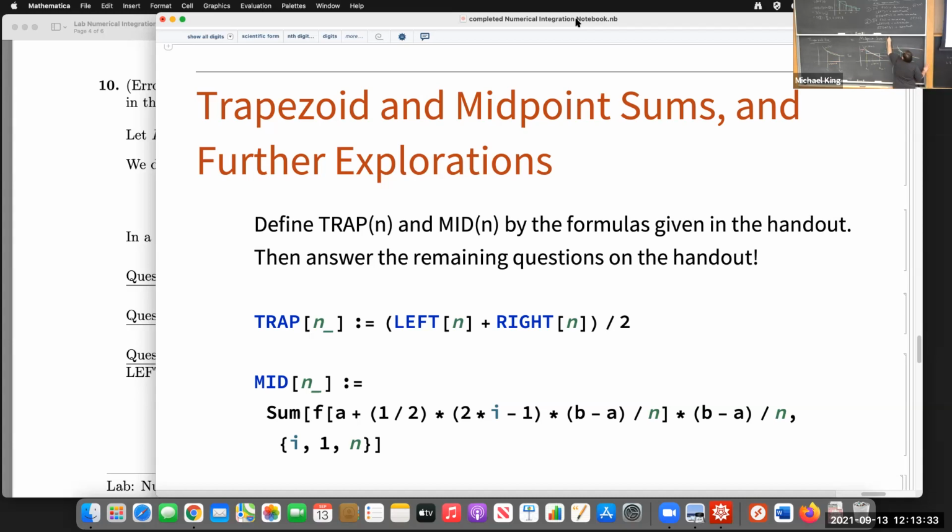So 3, if f of x is concave up, that's really the second derivative is positive. Trapezoid sum is an overestimate. And the midpoint sum is an underestimate.